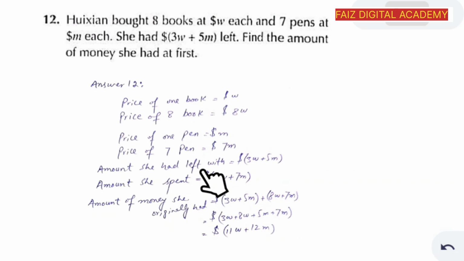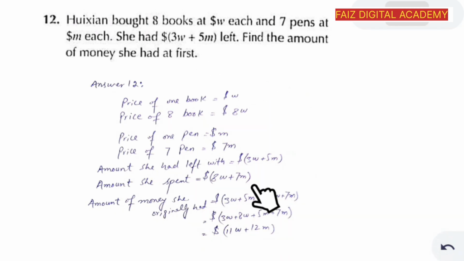The total amount of her shopping would be 8W plus 7M. The amount she spent on shopping is 8W plus 7M, meaning the amount she spent on buying books and the amount she spent on buying pens. That is the total worth of her shopping, and the amount she was left with was 3W plus 5M as given in this question.